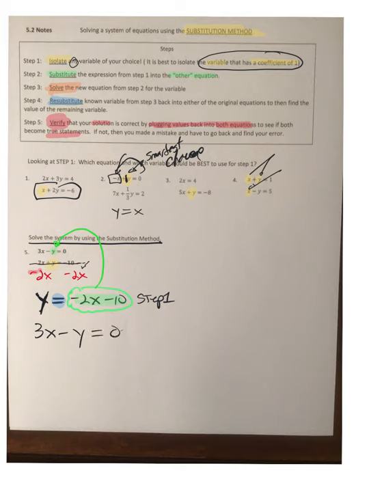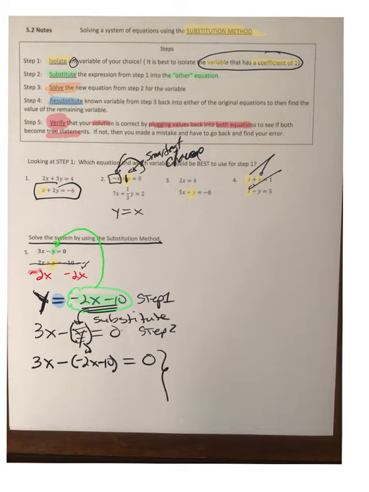So I recopied the top equation, and I'm going to take out the y. So the y is going to come out of the field, and in its place, I'm going to put the negative 2x minus 10. So if I do that, that's 3x minus, there's where y used to be, then there's an equals and a 0. And I'm going to put negative 2x minus 10 where the y used to be, and that's called the substitution property. So that's substitute. And that's what step 2 is.